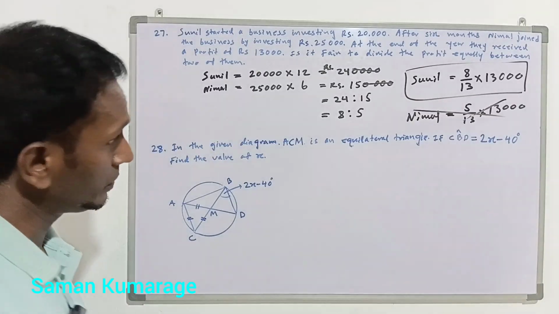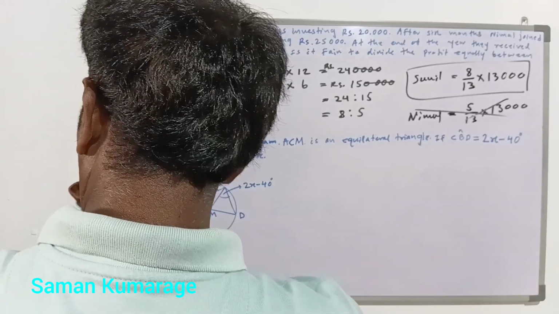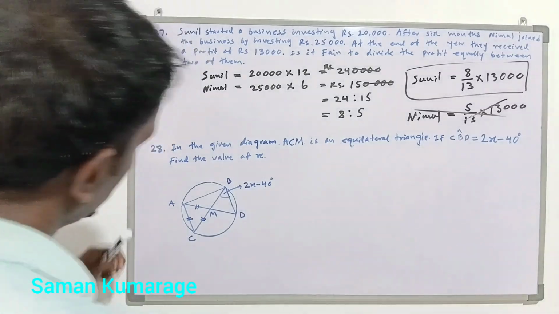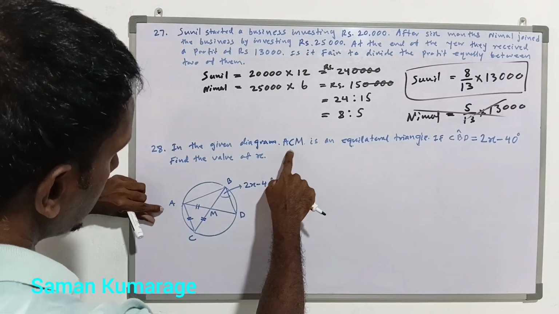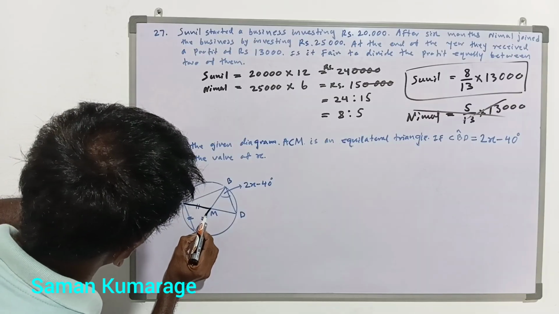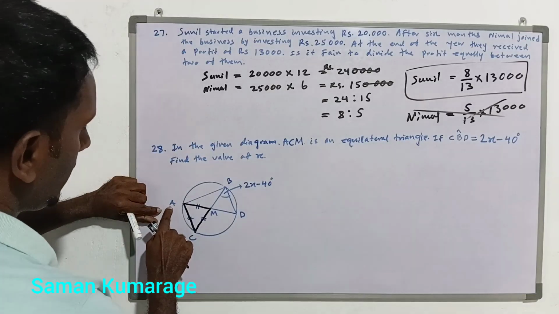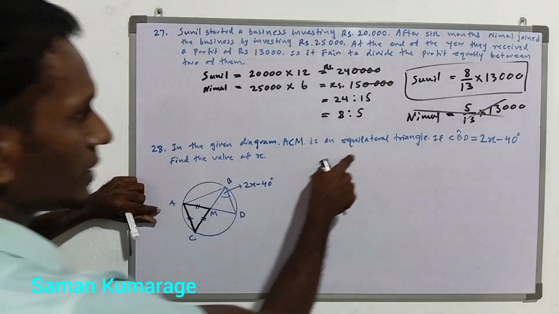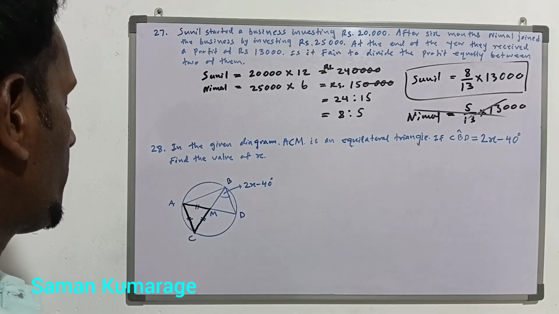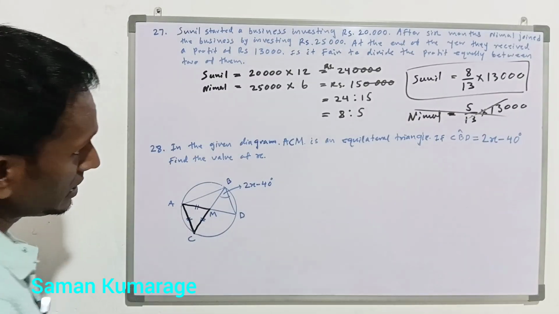I am having a cough, it's disturbing me. Okay, see, according to the information, this is the ACM. Let me show you with black color. ACM triangle is equilateral. In an equilateral triangle, we know that all three sides are the same in length, and also all three angles are the same.